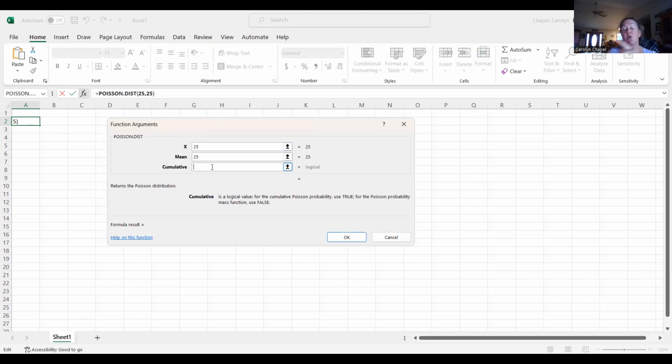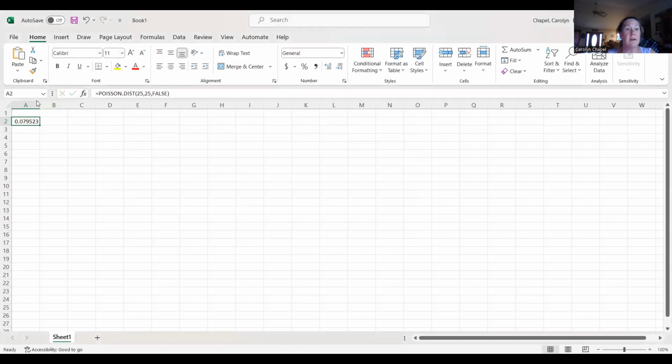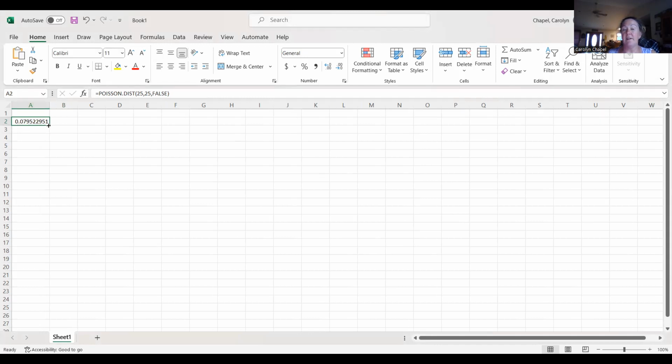So if you're ever doing a greater than, you're going to want to do a 1 minus. So here we're going to type in the word false because it is not cumulative. We just want that single value. And once again, we get 0.079522951, which is exactly what I had when I did the calculator.